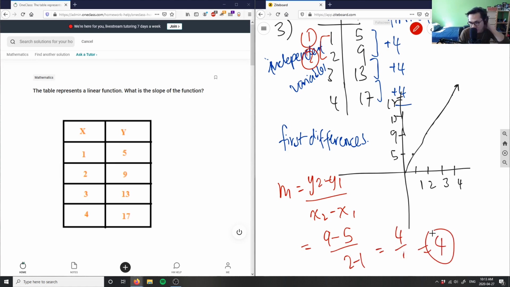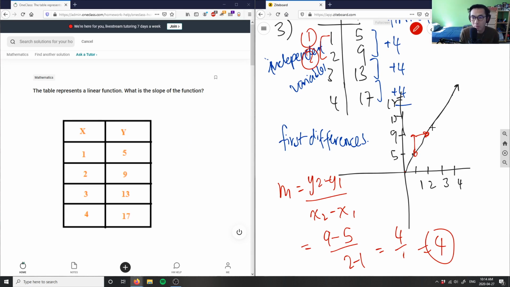So it doesn't matter which way you use it. You can solve it through the equation with the slope. You can solve it through first differences. Or I can actually show you graphically what's happening, right? As you can see, I'm at 0 here. I'm moving up by, if I take these 2 points, let's just do these 2 points here, I'm moving up by 4 and up by 4 here, up by 4, and then right by 1, right?